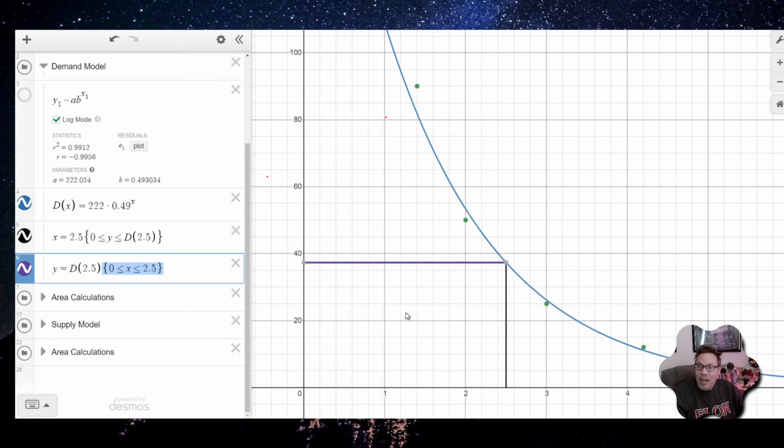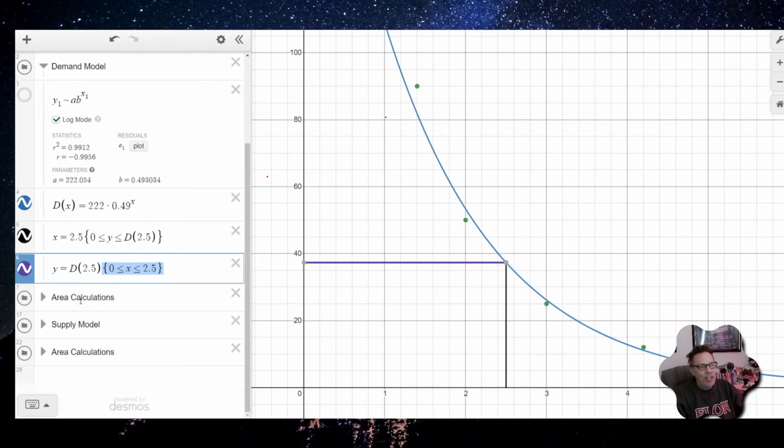I want to compute the area of this particular box. Well, that's the length times the width. The length of this thing is 2.5, and the height is 37.312, or about 37.31, or a little bit less than 38 silver dollars.